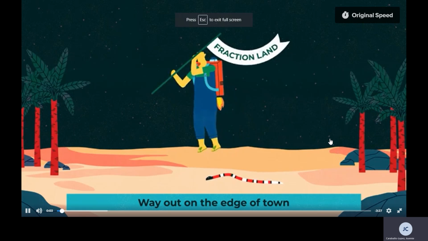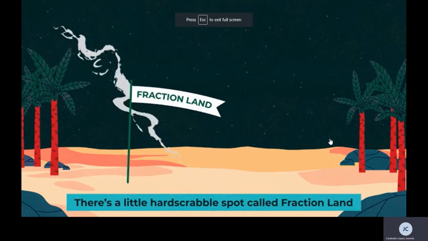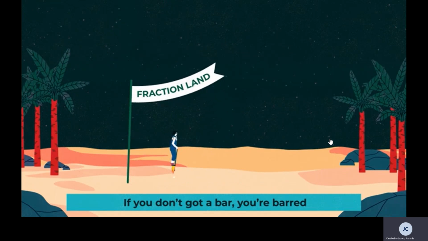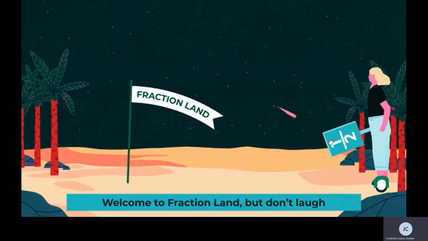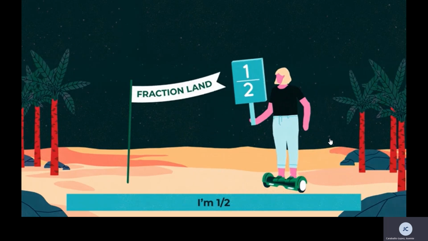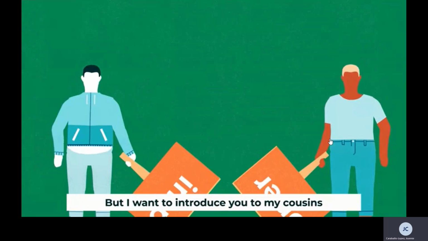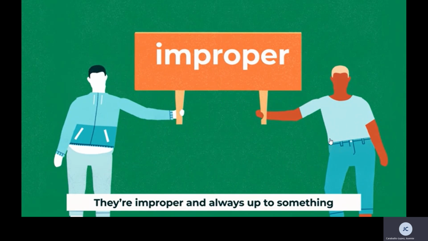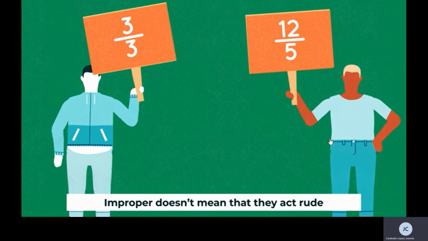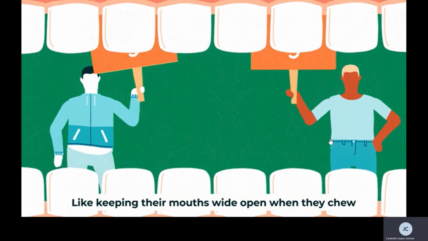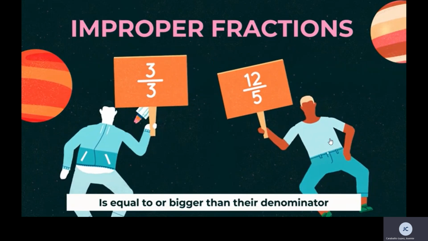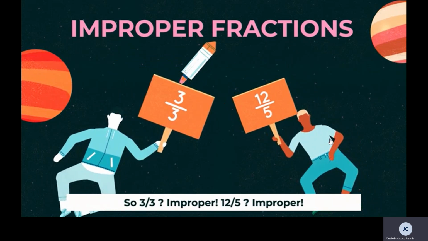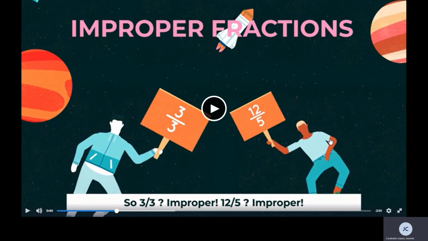Way out on the edge of town. It's a little hard. Hago un bailecito ahí. Fraction land. Si baila, le doy $2. You don't got a bar. You're barred. Welcome to fraction land. I don't laugh. You know me, a simple fraction. I'm one half, but I want to introduce you to my cousin. There is $2 para mi amigo que está bailando. $2 para mi amigo que está bailando. $2. $2. Say that again? Thank you. Yeah, it always does that.